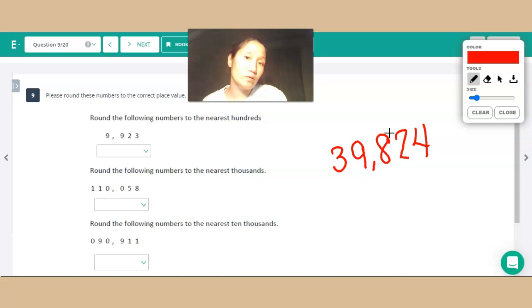We're going to round this one to the nearest 1,000. So the 9 is in the 1,000s place, and it's going to look at the 8. 8 is strong, so it's going to turn the 9 into a 10.